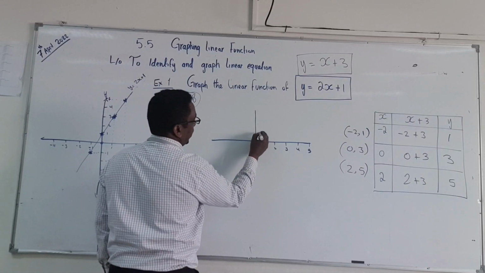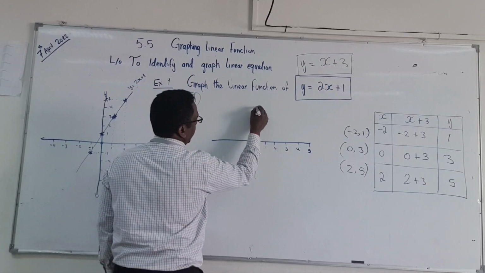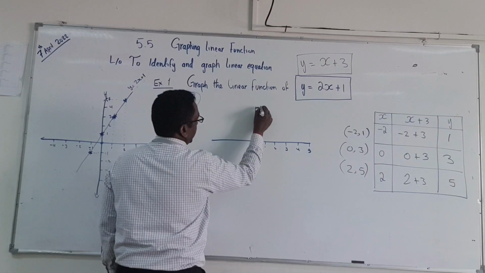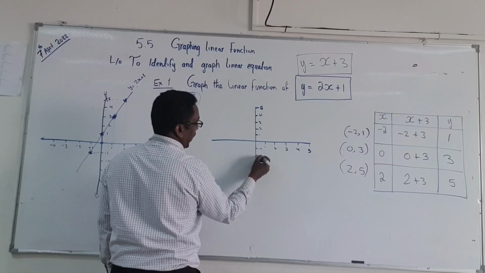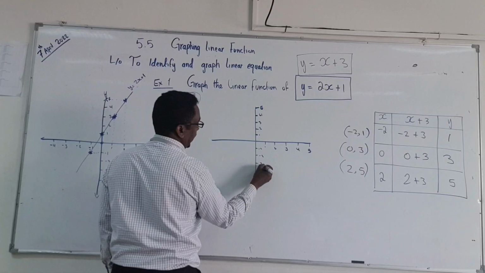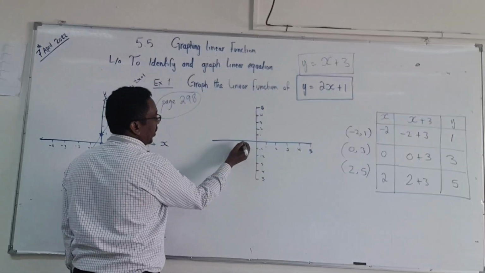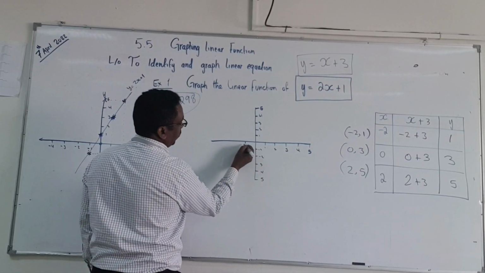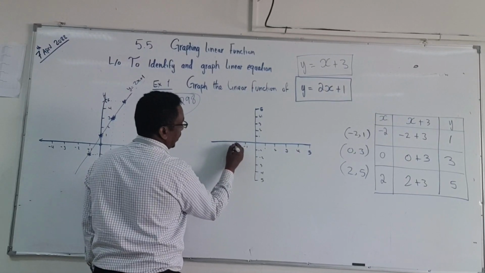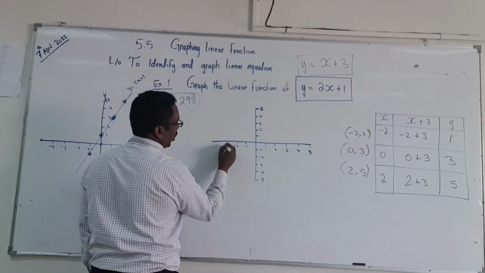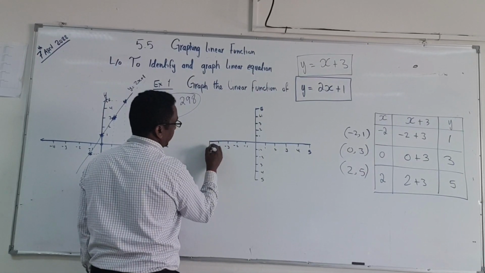Here we have negative 1, negative 2, negative 3, negative 4, negative 5. And on the y-axis we have 1, 2, 3, 4, 5 and negative 1, negative 2, negative 3, negative 4, and negative 5.